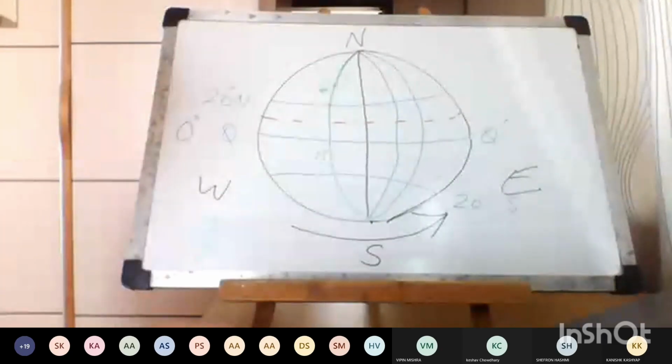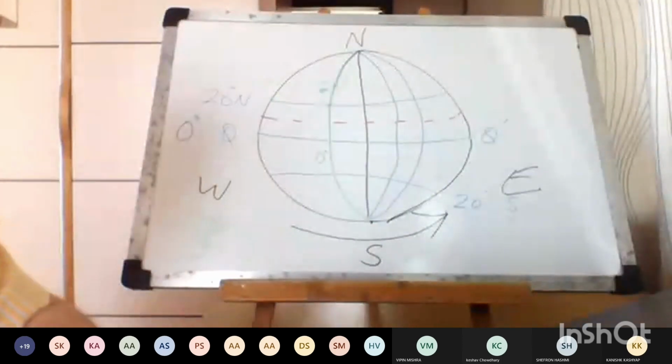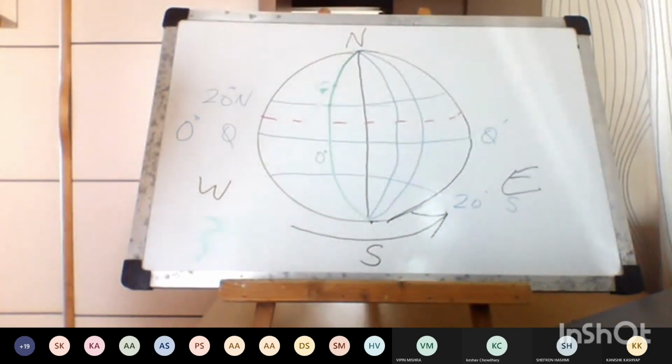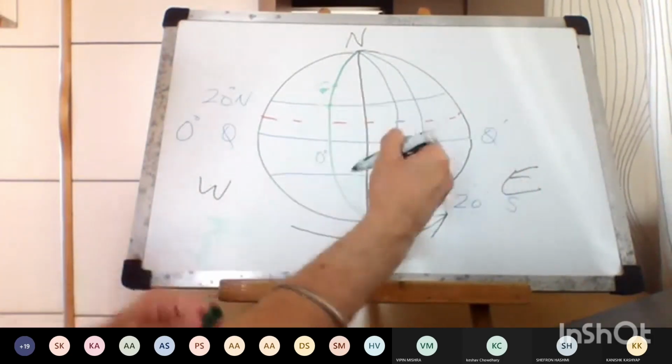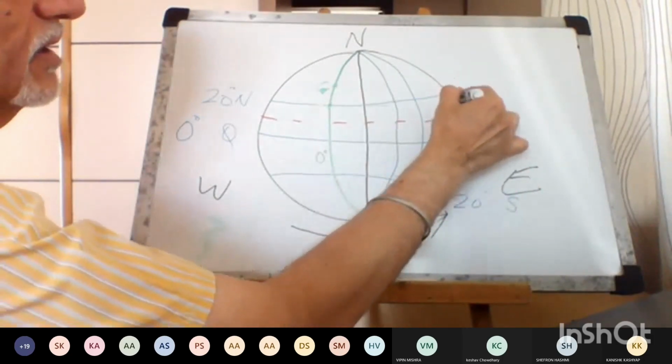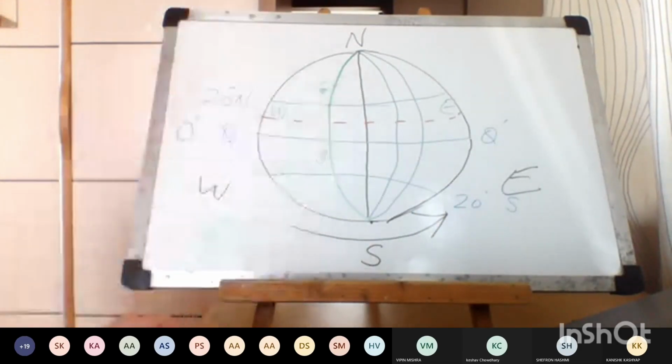And again, if you go through the Earth, it is divided into two hemispheres. We call it the Eastern Hemisphere, this is to the east, and this one we call the Western Hemisphere.